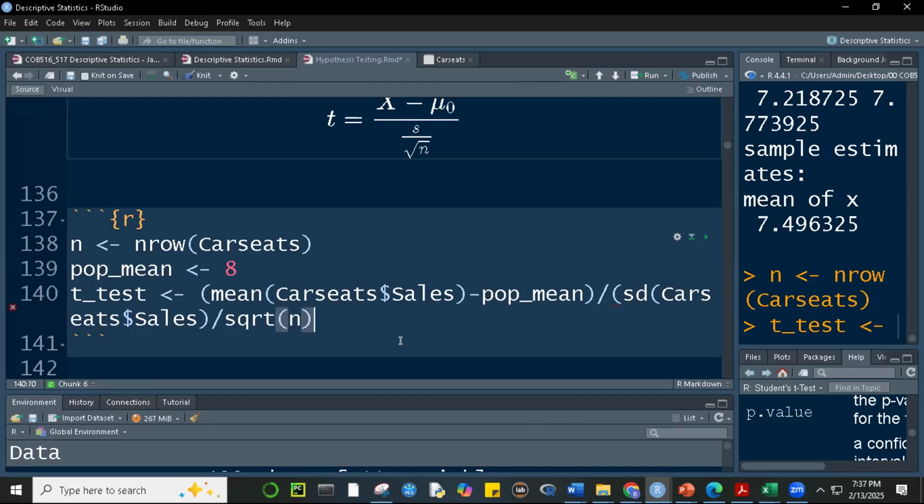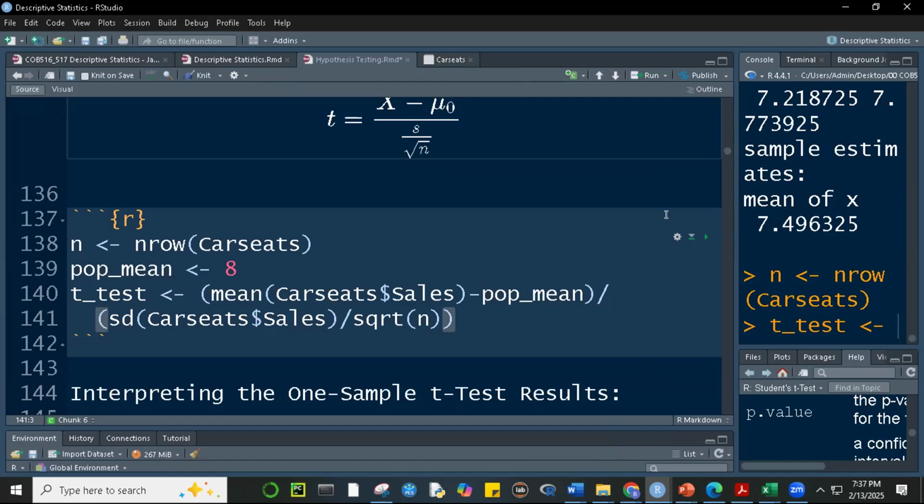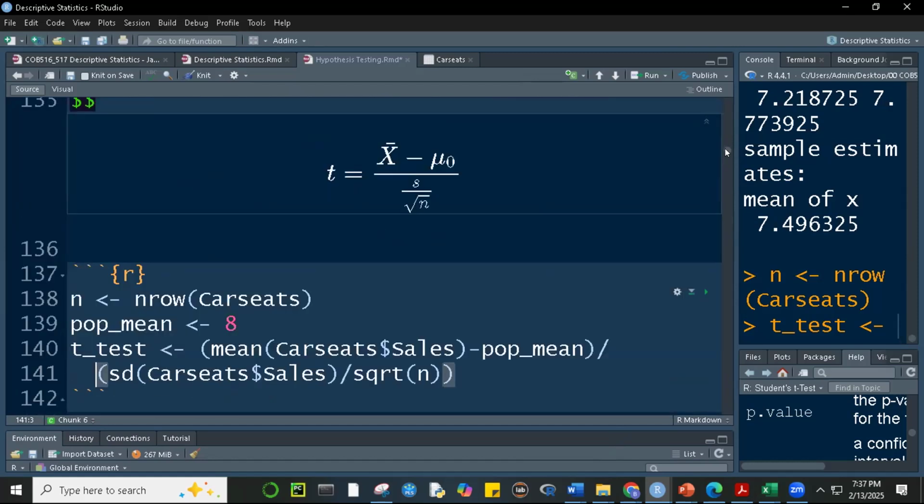And I have to close this one. All right, so let me explain what I did just now. This is the formula to get the T stat.